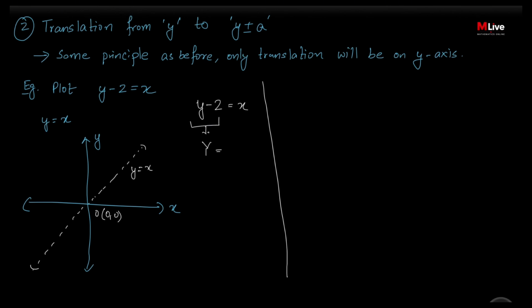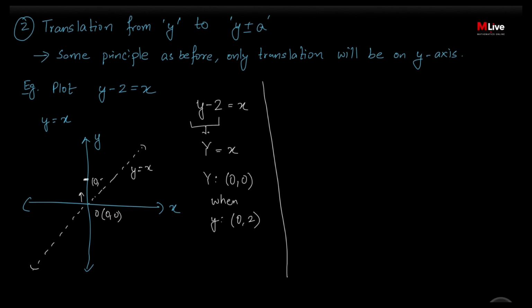Let's look at this movement, and let me quickly get there. So as you can see, since this moves upwards to 0 comma 2, my line will still remain the same.